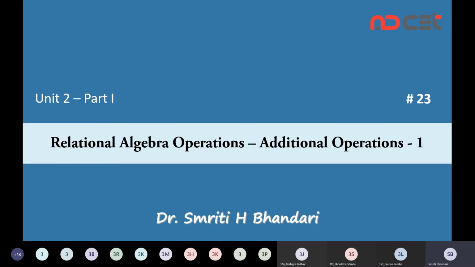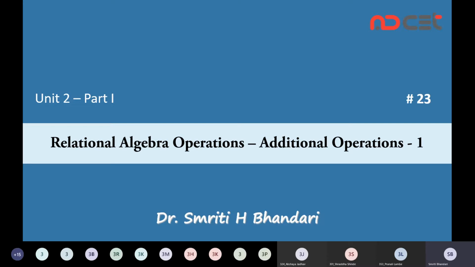In the last few sessions, we have seen the basic relational algebra operations. So we have gone through 6 basic operations: the select operation, project operation, set difference operation, union operation, rename operation and Cartesian product operation.